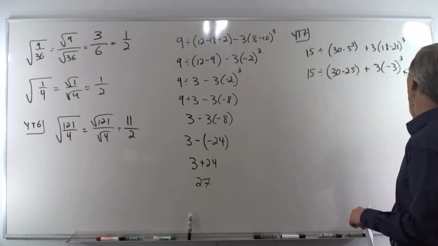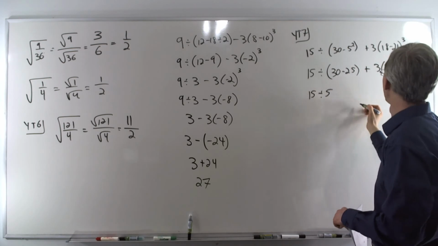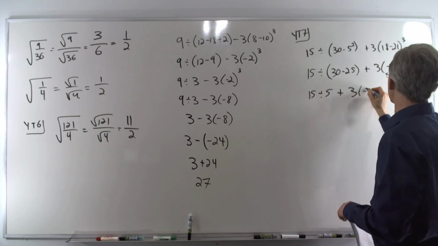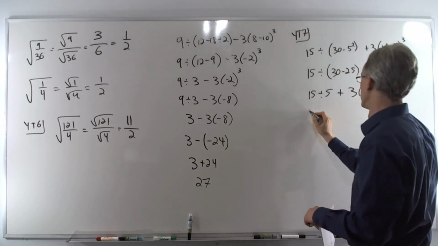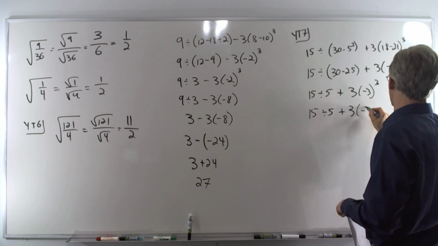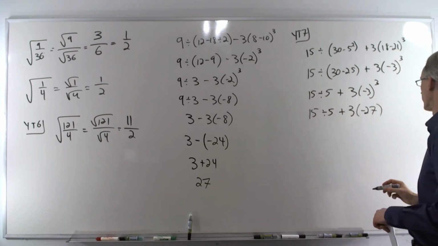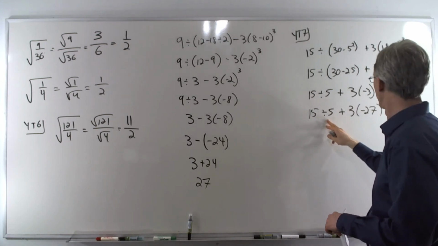All right, next up, finish off these parentheses. 15 divided by 5 plus 3 times negative 3 to the third. Exponents are next. Negative 3 to the third is negative 27. All right, now we got 15 divided by 5.